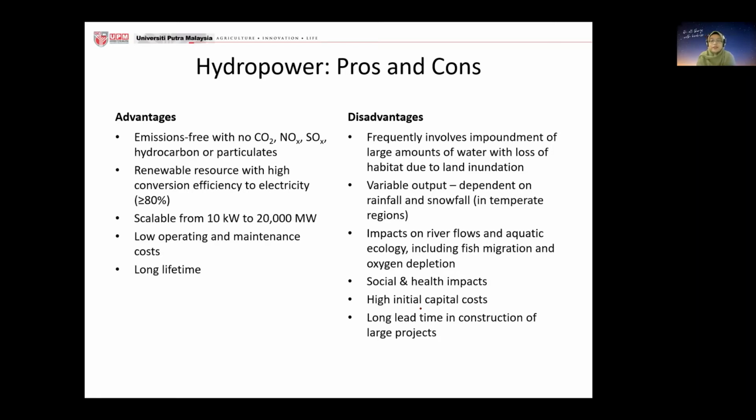It is a renewable resource with high conversion efficiency, generating more than 80% electricity conversion. And it's scalable, from 10 kilowatts to 20,000 megawatts, like the Three Gorges Dam. It also has low operating and maintenance costs, and it lasts a long time.